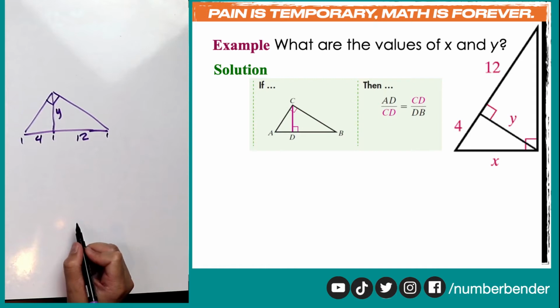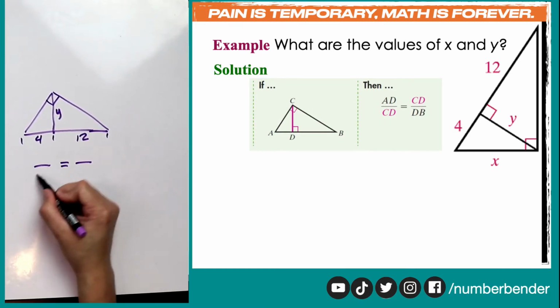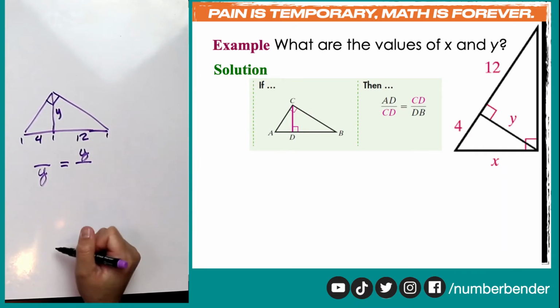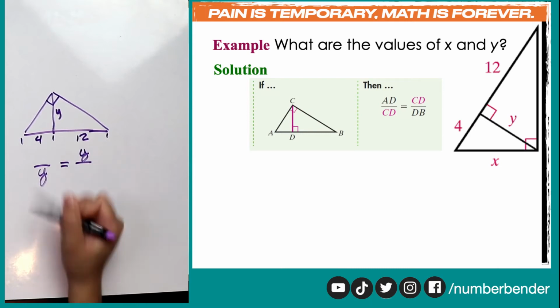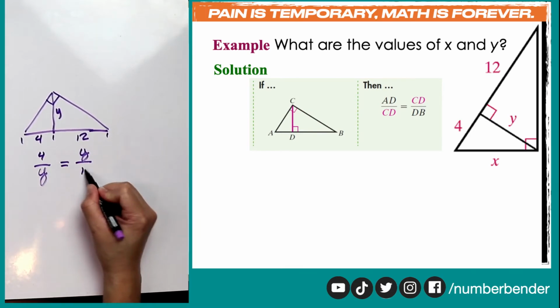And with this, we can form our expression, which will give us the geometric mean for y, and the extremes will be the segments of our hypotenuse, which is 4 and 12.